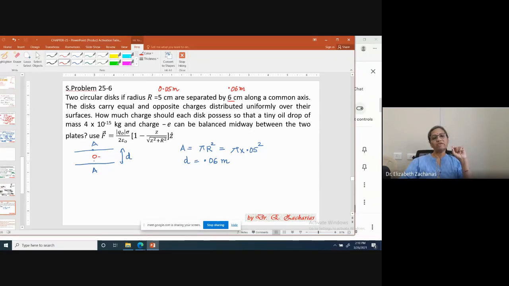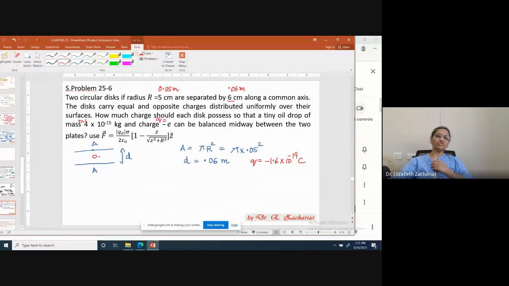This oil drop has a mass m equal to 4 into 10 to the power of minus 15 kg and it is carrying a charge Q equal to minus 1.6 into 10 to the power of minus 19 coulomb.